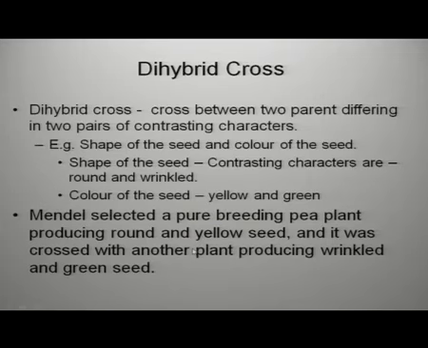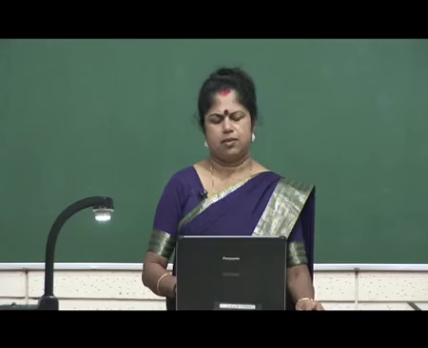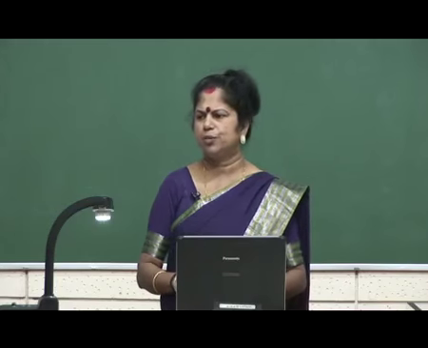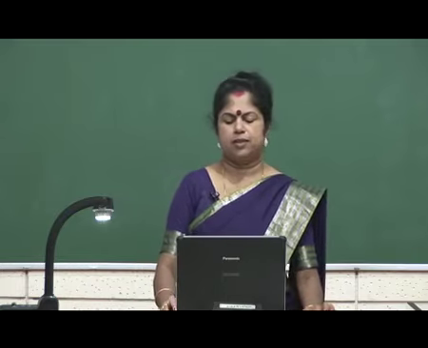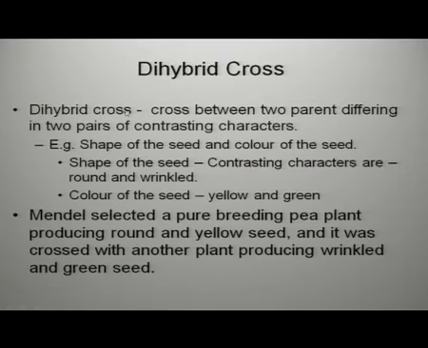Now, we can move to the next concept, that is dihybrid cross. As you already know, monohybrid cross, its phenotype, genotypic ratios, test cross ratio, etc. Once again I am repeating, monohybrid cross between two parents differing in one pair of contrasting characters.